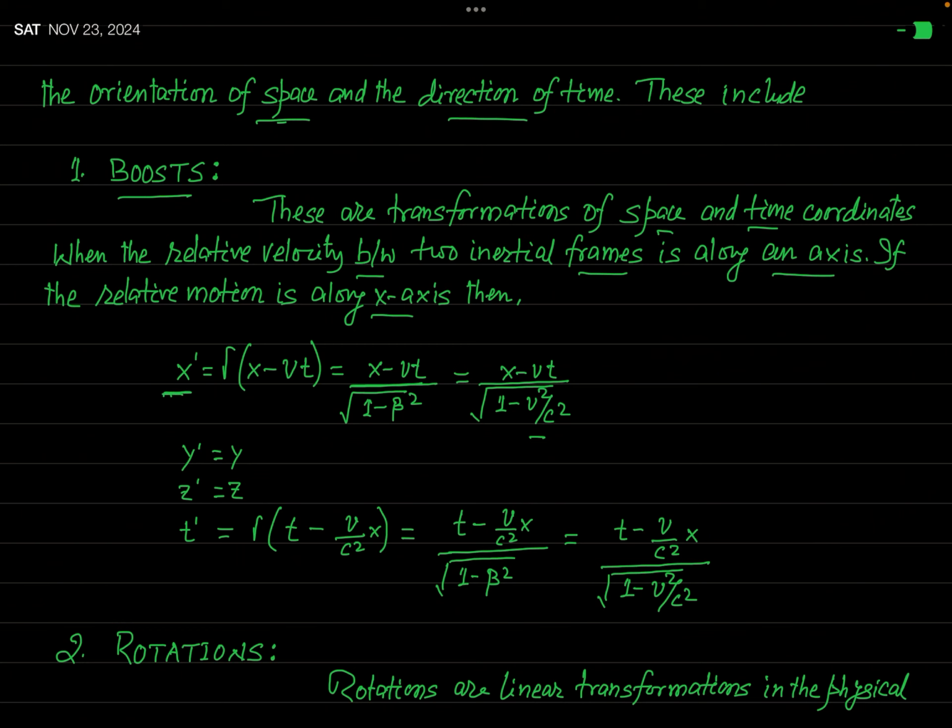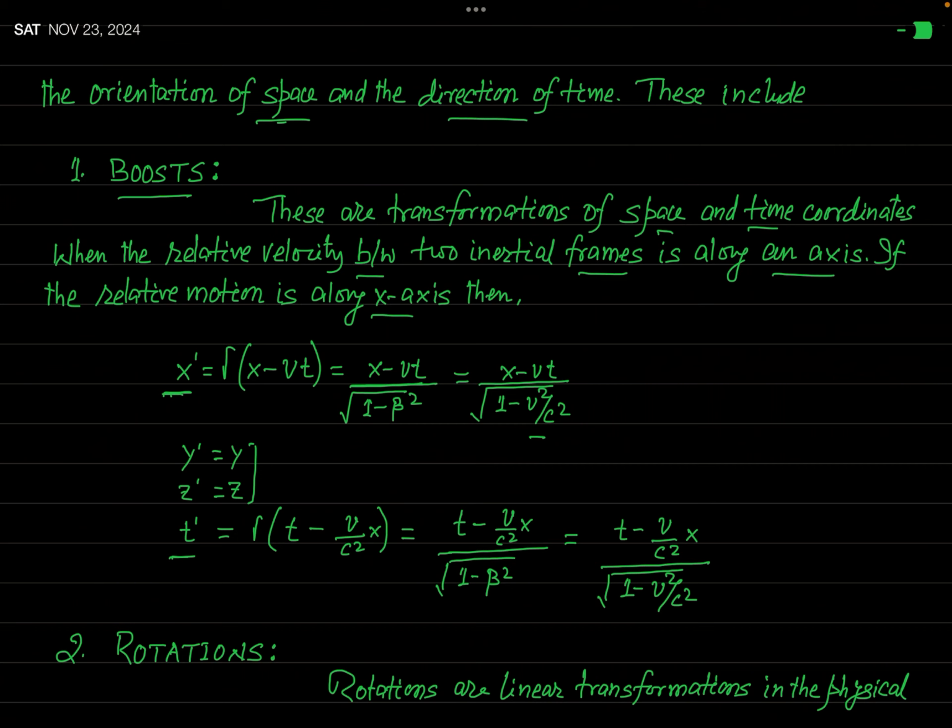Now, when the frame S dashed moves along the x-axis, the y and z coordinates of the event remain unaffected. So y dashed is equal to y and z dashed is equal to z in this case. But the time coordinate gets changed. The time of the event was measured by observer O, who claimed that the time is t.